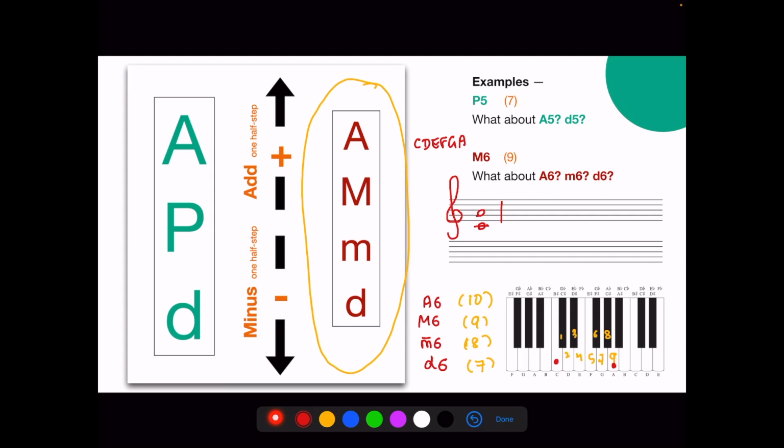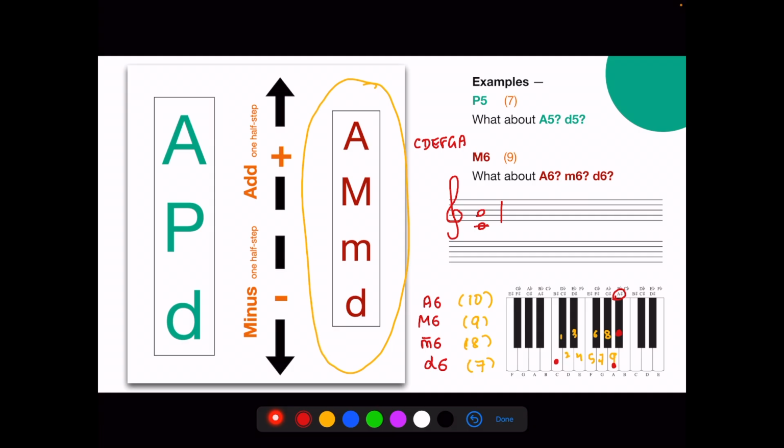Now let's transfer these onto the staff. So from C to A, that's a major 6 with 9 half steps. What about 10 half steps? From C to A, instead if we go to C to A sharp, and notice how I am sticking to A sharp and A flat, because the number restricts you from using other letter names.